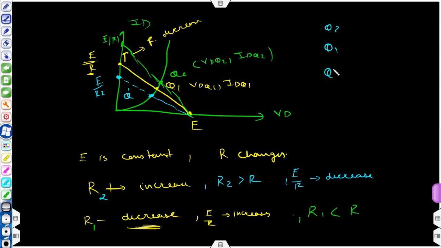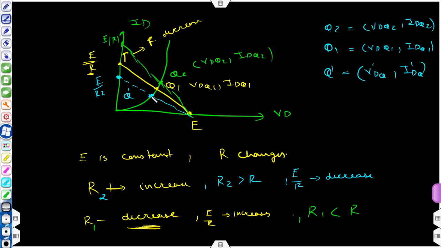So you have Q1, Q2, Q prime. For Q1, VD Q1, ID Q1. For Q2, you have VD Q2 comma ID Q2, and for Q prime, you will have VD Q prime comma ID Q prime.